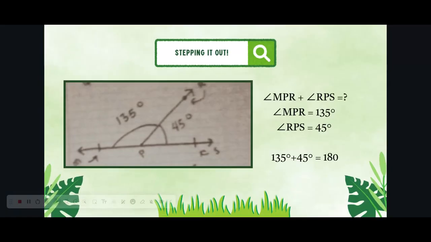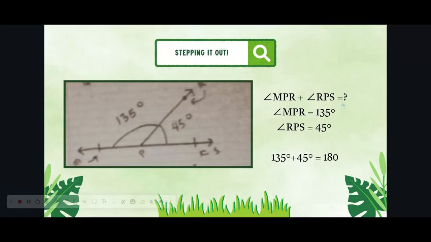So as I said before, in this example we see two angles, one measuring 45 degrees and the other measuring 135 degrees. MPR is measuring 135 degrees and RPS is measuring 45 degrees. Since they add up to exactly 180 degrees, they are called supplementary angles. So we want to know what angle MPR plus angle RPS equals.